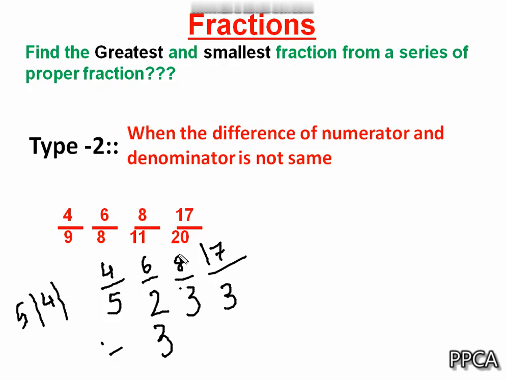Dividing 8 by 3 we get 2 point something. And dividing 17 by 3 we get 5 point something. So from these 4 numbers we can easily say which is greatest. 5 is the greatest, then the second greatest is 3, then 2 point something, and then point something.